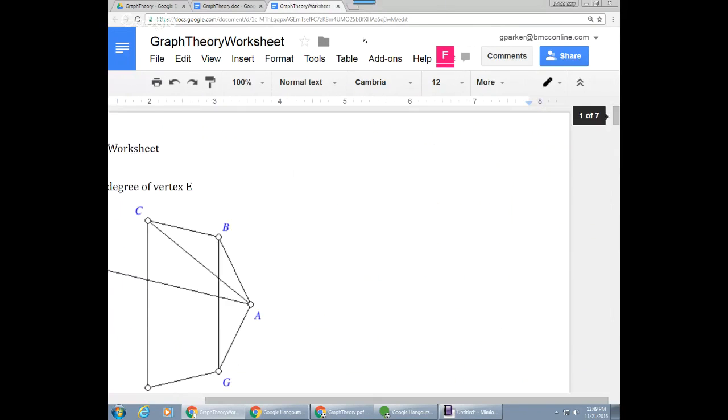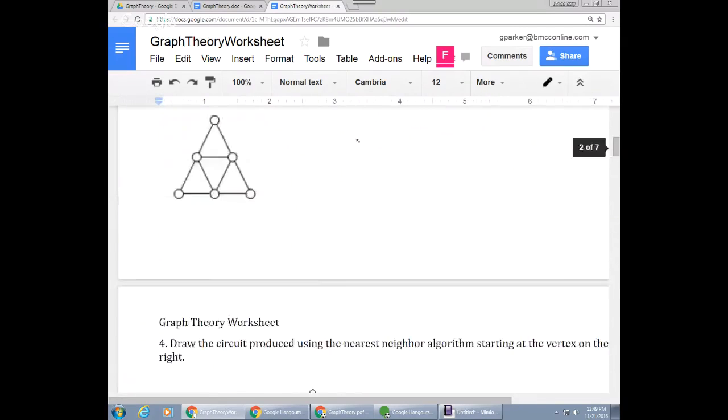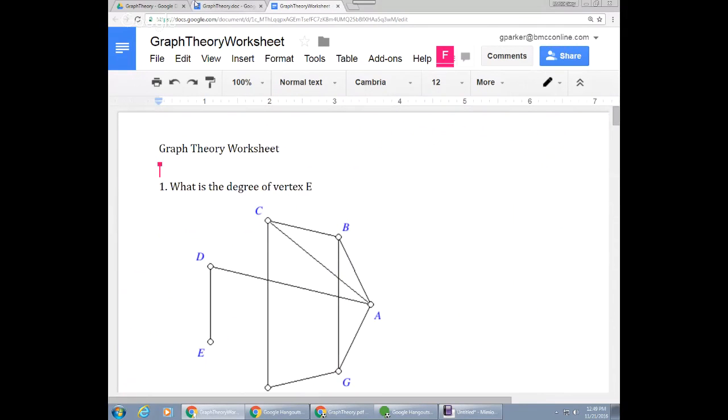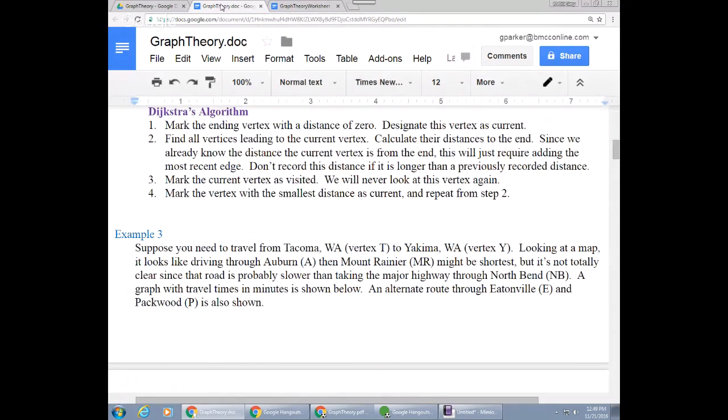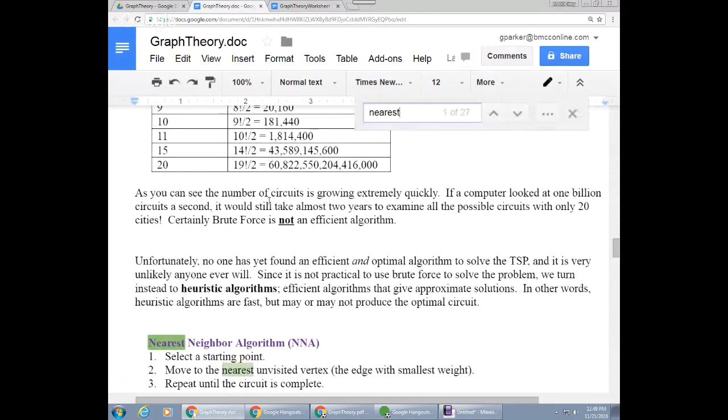So I'll grab, oh, interesting. Why is that happening? Oh boy, that was strange. All right, nearest neighbor algorithm.